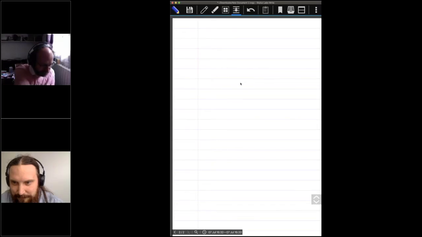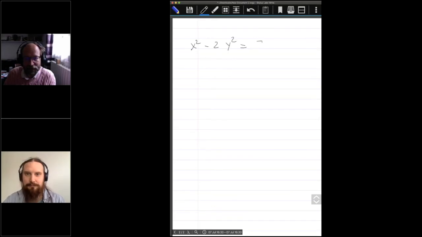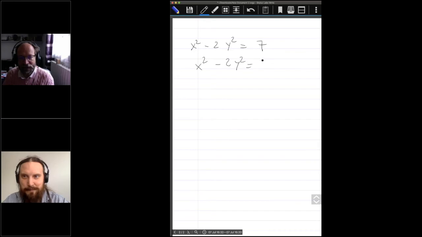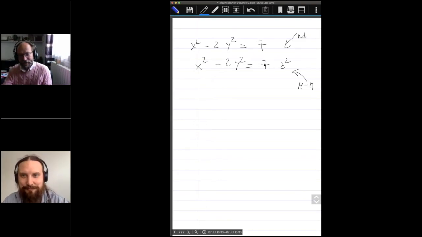So, for example, if you want to solve x² minus 2y² is 7, and if you want it homogeneous, then you would have x² minus 2y² is 7z². So Hasse-Minkowski tells you about this, but not about this. So that's a step, but that's not enough.